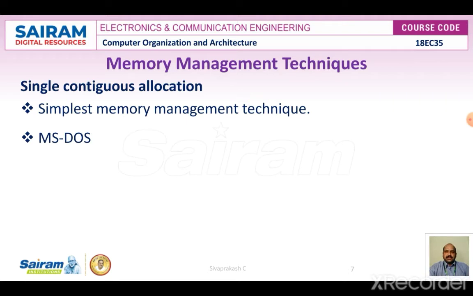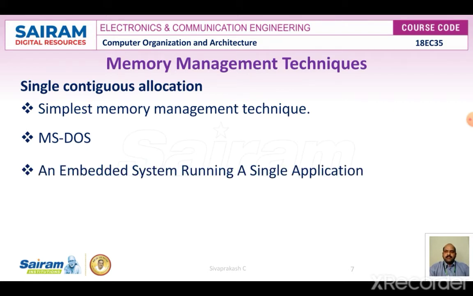An example is MS-DOS, a system which allocates memory in this way. Next, an embedded system running a single application might also be an example of this same technique, single contiguous allocation.